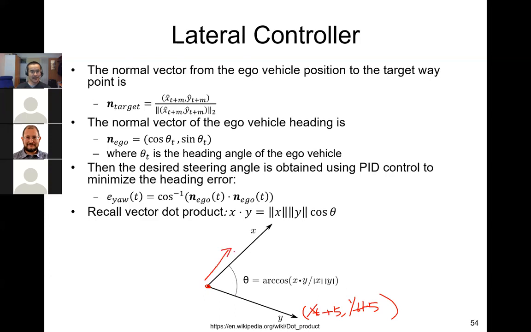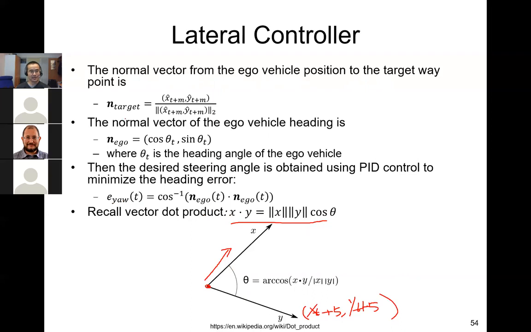This is your actual heading, and you're trying to penalize this angle here to try to minimize it. So this is done with the heading error from this formula, which is arc cosine of x dot y divided by xy magnitude.